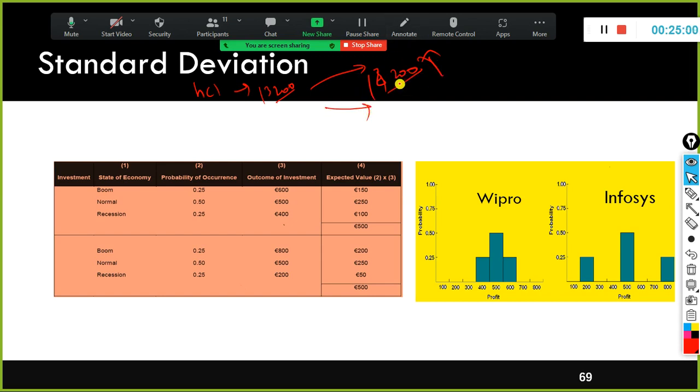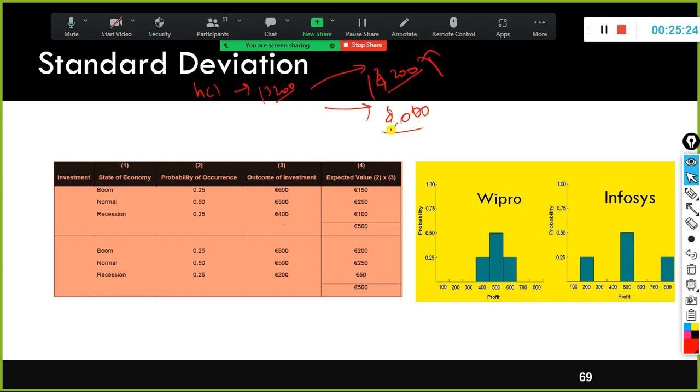In the worst case scenario, let's say 8,200. Let's say a COVID situation or something like that, some sudden economic downturn happens, because of which the price has gone down, or the company is not doing well, or the company chairman or CEO got changed. In that case the price went down. The risk is very high here, right?